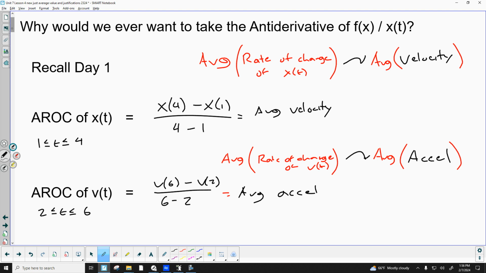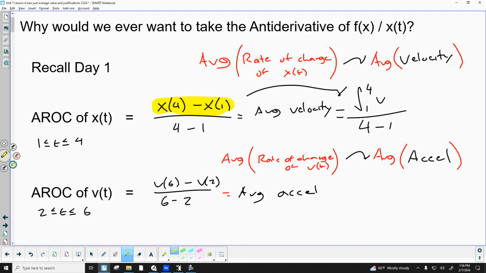I just found x of 4 minus x of 1. Right? I said that's equal to the accumulation of my derivative of my velocity. What we have now is another way to get the same answer.